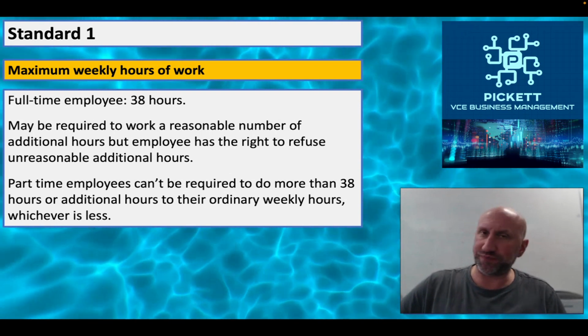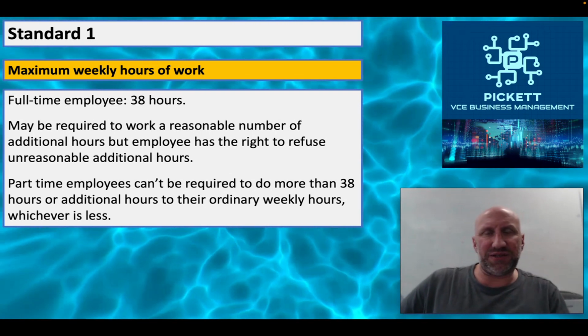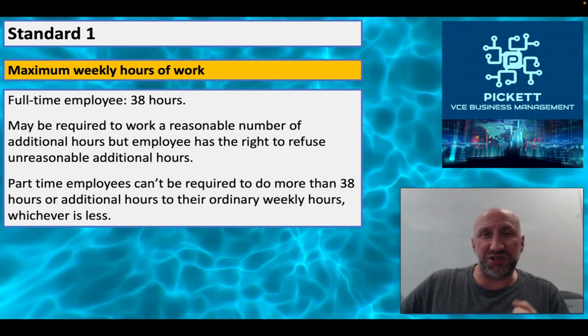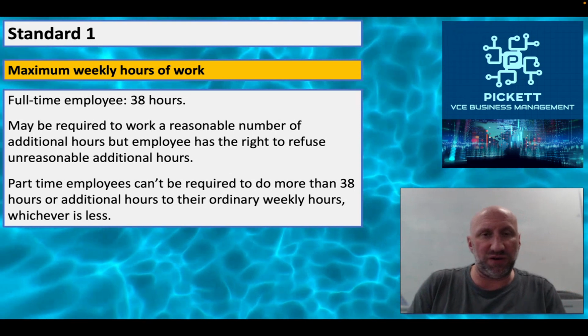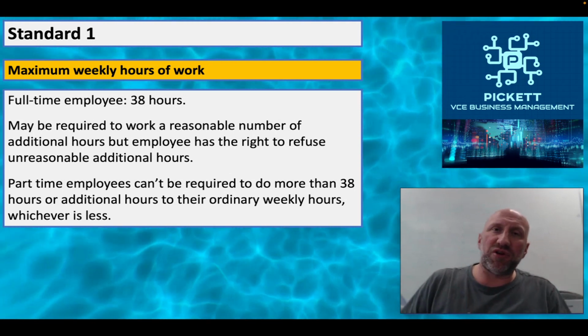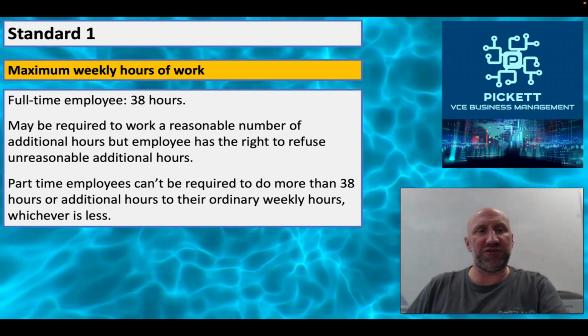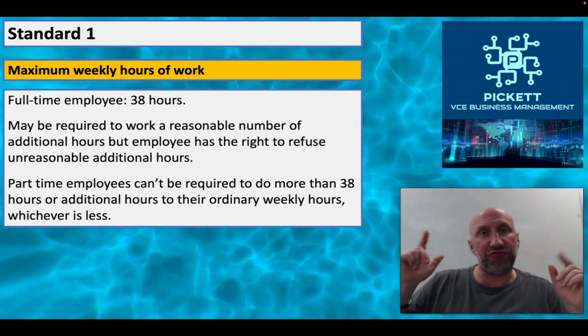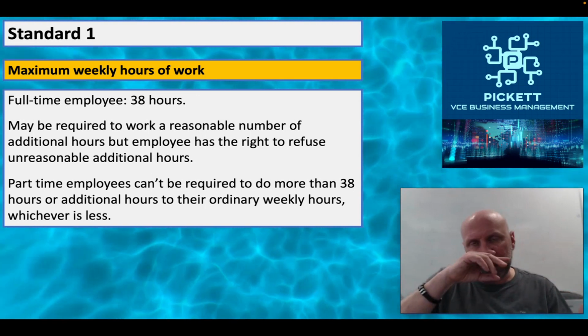Now, something I'll point out here, the way that the wording is used in these standards is sometimes a little bit vague and woolly. Here's an example. When it says, may be required to work a reasonable number of hours, and the employee has the right to refuse unreasonable additional hours, what's reasonable, what's unreasonable?